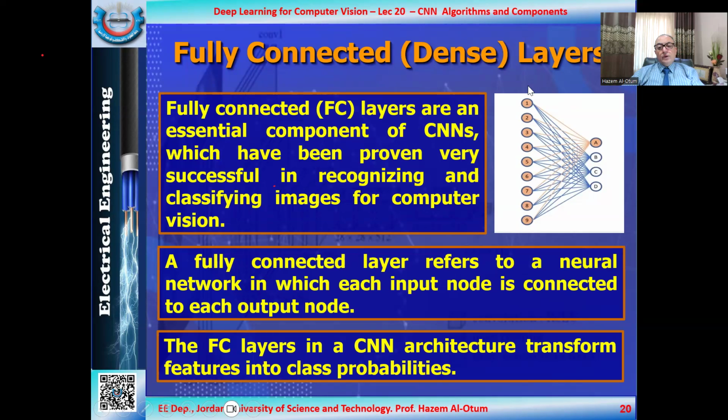And when A is calculated, it has been calculated using all the inputs at this fully connected layer. This will give you an ability to recognize or to classify the input at the start of this deep neural network into a specific class, either A, B, C, or D. I mean in this example.